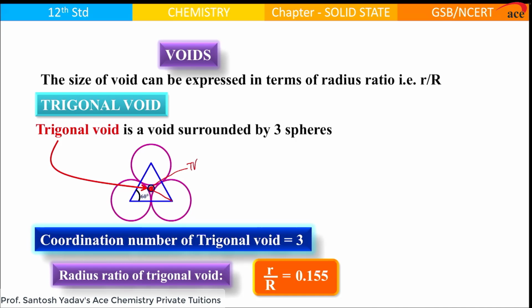Again, small r stands for the radius of a sphere which exactly fits into the void, and capital R stands for the radius of the sphere which makes up that void. This is small r and this is capital R. Trigonal void.